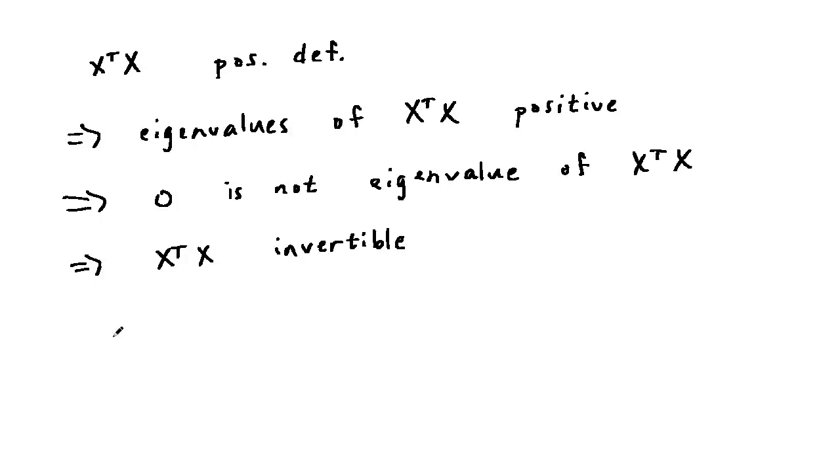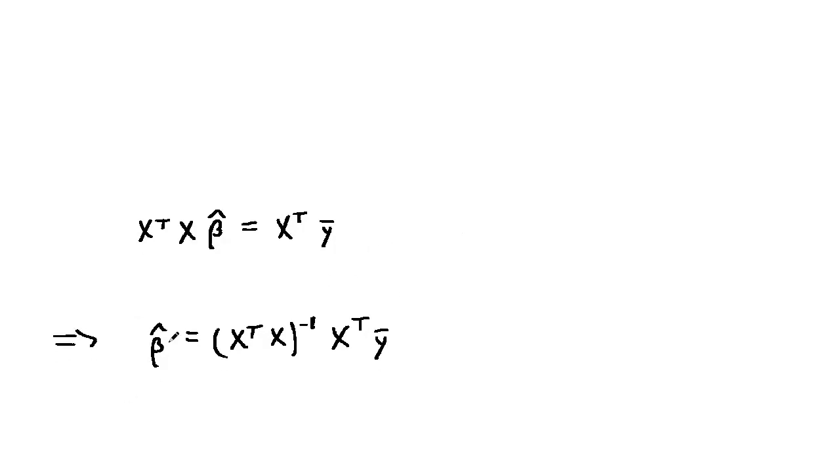Then we can solve the equation X transpose X beta hat equals X transpose y. We can solve that to get beta hat equals this, which is the same result we got earlier using multivariable calculus.